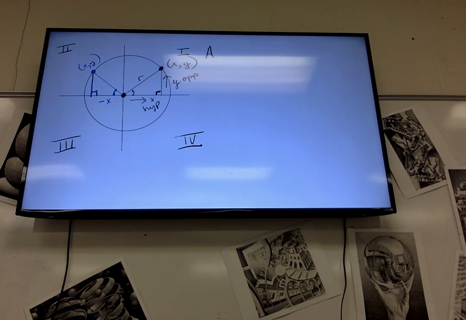But I'm still going up to get to y, so my y is still positive. So here's my adjacent side, my opposite side, and of course my hypotenuse. So tell me which function, sine, cosine, or tangent, is going to be positive.